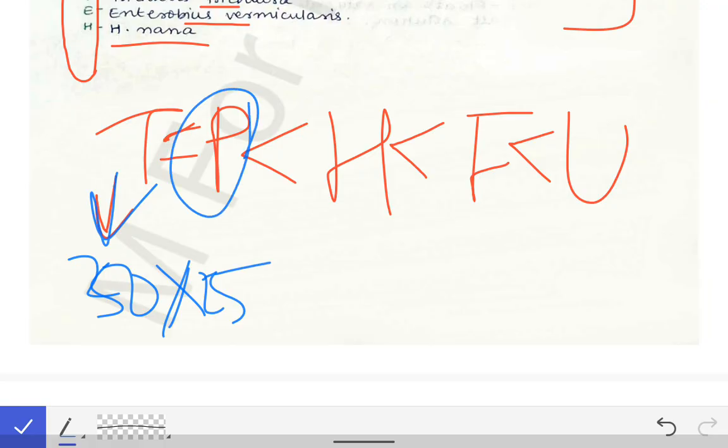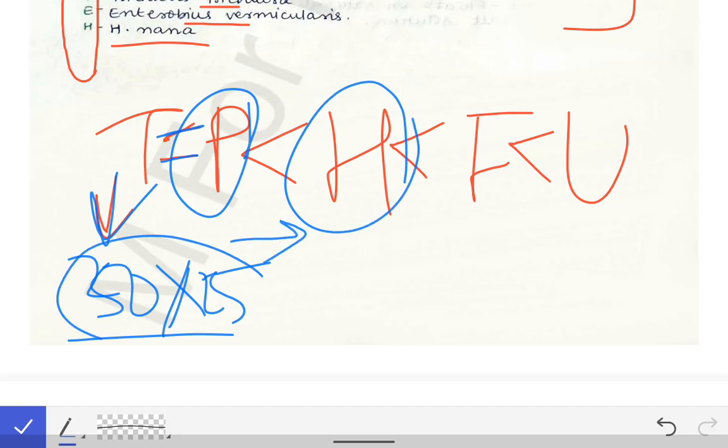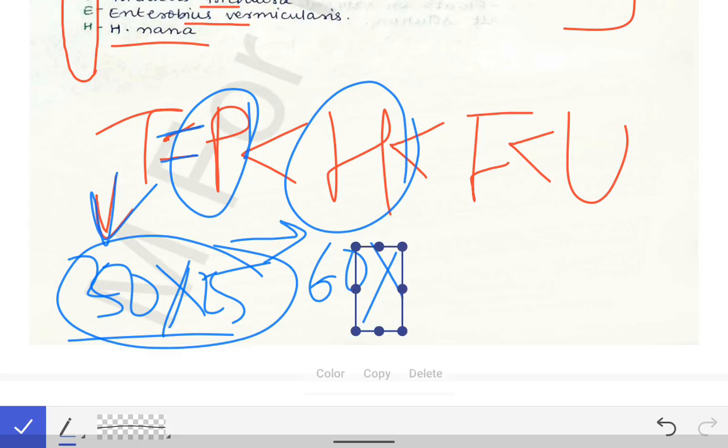The size of the pinworm egg is also quite around this only, so I have written an equal sign here. Then the size of the egg of the hookworm is 10 micrometer more than this, that means it becomes 60 micrometer into 35 to 40. So let's write 40. So 60 into 40.